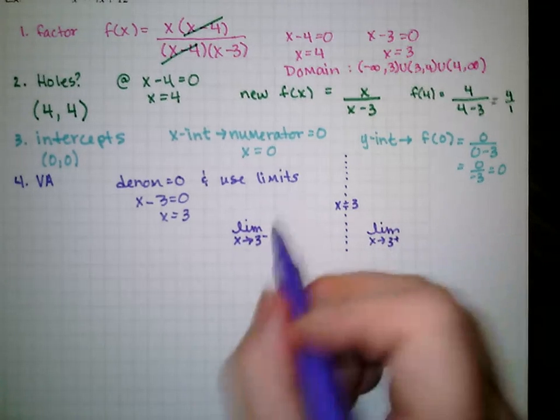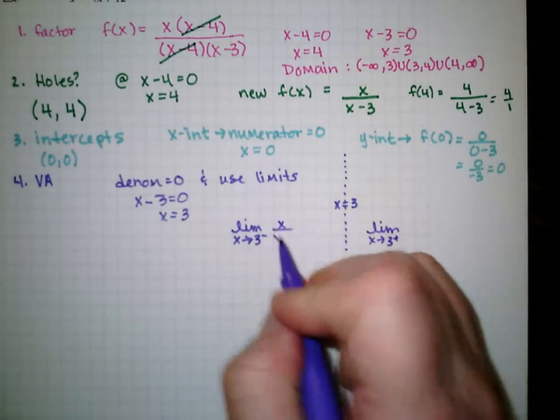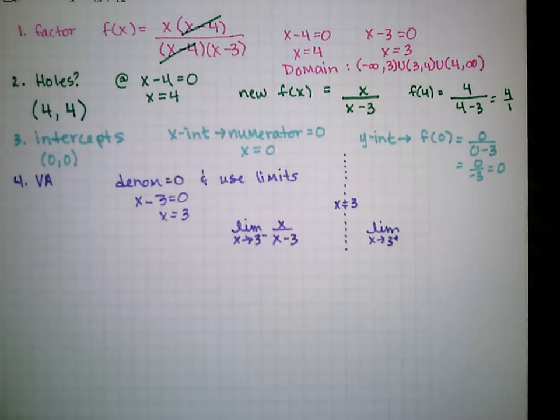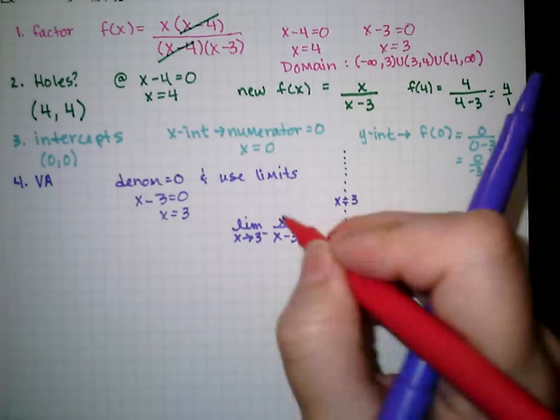So we need to use our new function here, x over x minus 3. And when we did this previously, we chose a value that was just slightly smaller on the left side and slightly bigger on the right side. So on the left side of 3, I might choose 2.99.